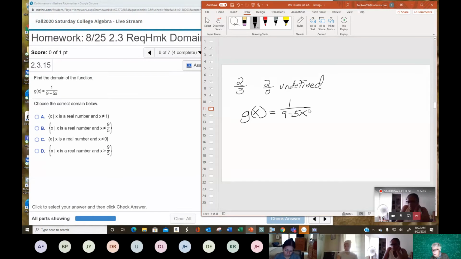The domain is going to be all the allowable x coordinates. Well, I'll tell you what's not allowed here. 1/0 is undefined. So whatever x makes the denominator, the bottom, undefined, that's a no-no.